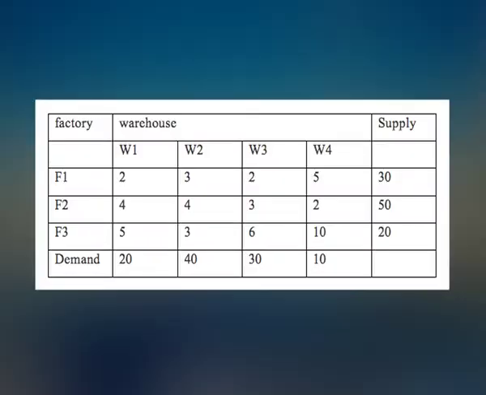We can understand this method by solving a problem. As you can see in the table, there are 3 factories and 4 warehouses. The demand and supply for transporting an item from each factory to each warehouse has been mentioned. We have to find a feasible solution for this transportation problem.